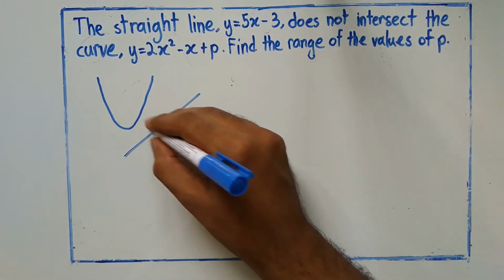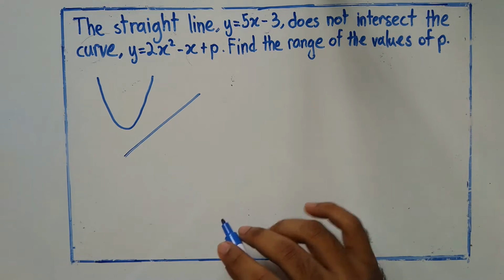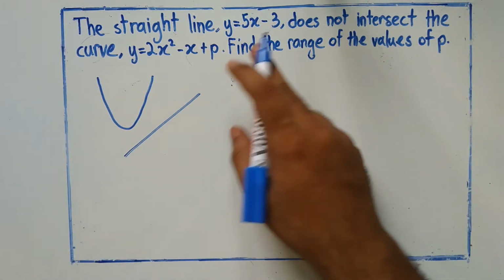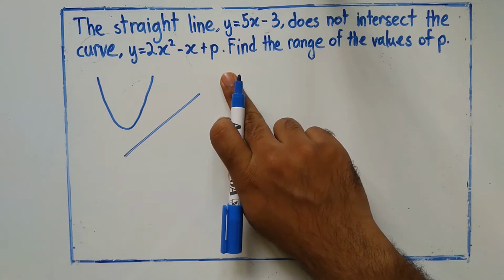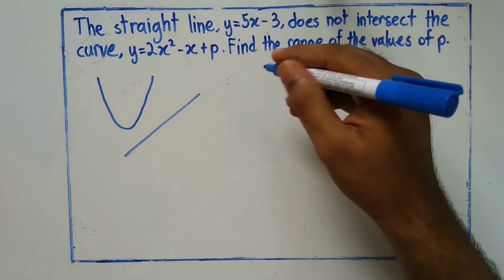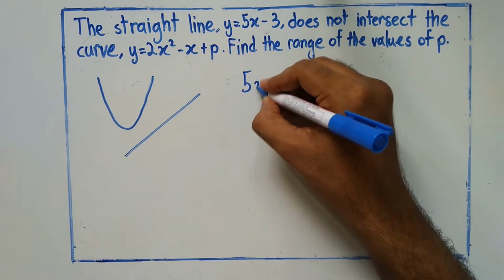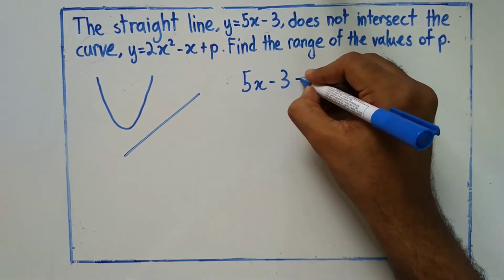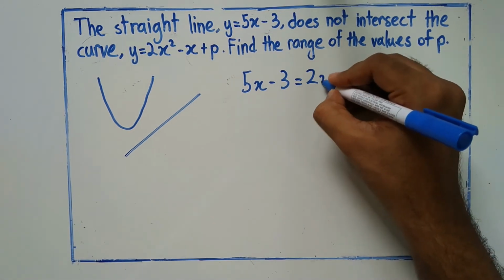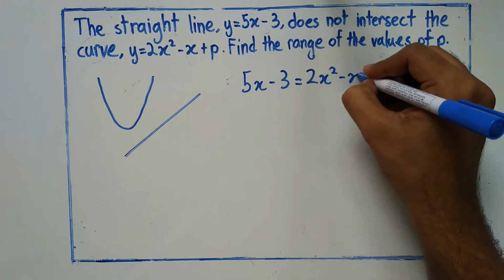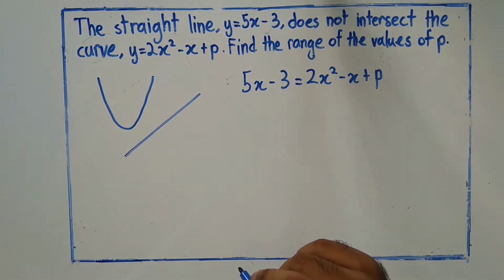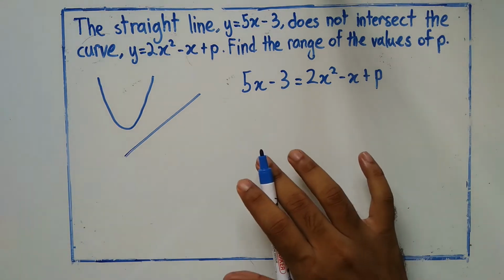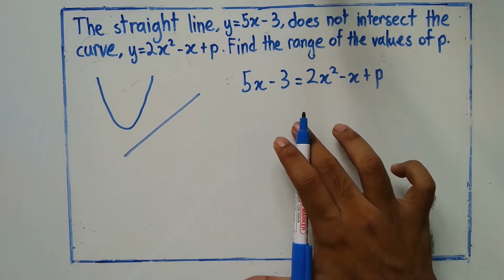Here we can see that it does not intersect, and we have to equate the two equations together to find the values of p such that it does not intersect. Now we will solve x.